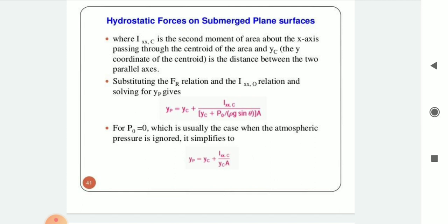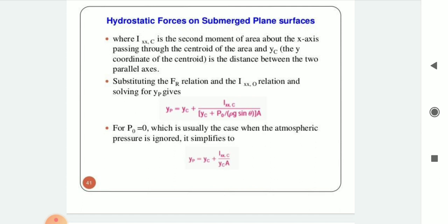Substituting the resultant force relation and the Ixx0 relation and solving for yp gives yp is equal to yc plus Ixxc divided by (yc plus P0 divided by (rho g sin theta)) times A.